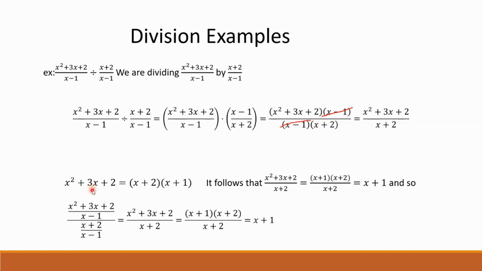You want two numbers whose product is 2 and whose sum is 3, which are 2 and 1. That's how we get this. So when we replace the numerator with this, we can cancel x plus 2. And so we're left with x plus 1.